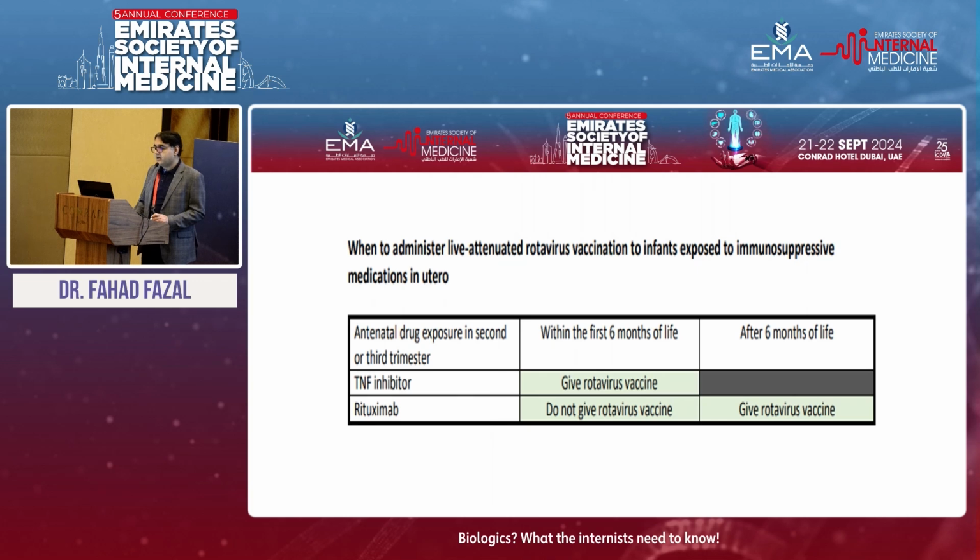You can continue giving them TNF inhibitors if you plan to give them the TNF inhibitors. However, if the patient is going to have rituximab and the infant is exposed to rituximab during the first 6 months of life, then they should not be given the rotavirus vaccine. Better to delay it until after 6 months.